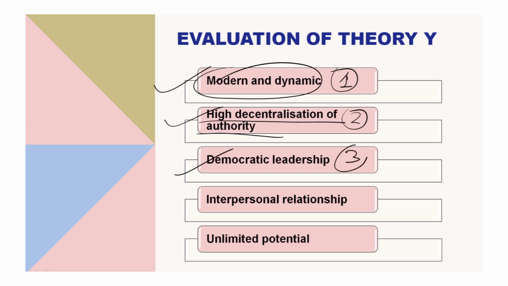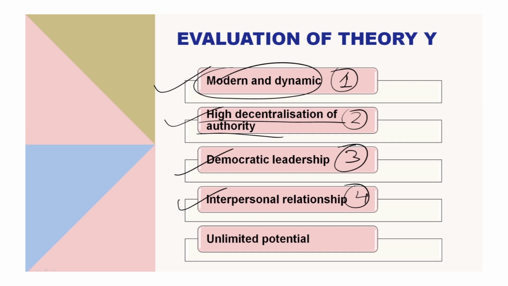Democratic leadership means you are discussing some of the problems with the employees or your subordinates, and you are trusting their efficiency. Next is interpersonal relationship: there will be a harmonious relationship with the different groups, with the subordinates and the seniors. Okay.